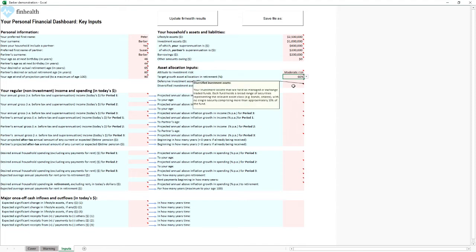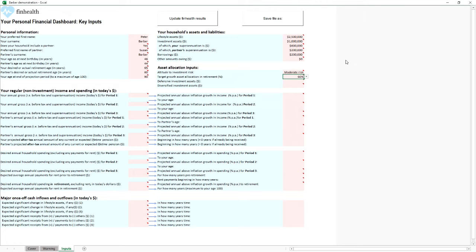This target growth asset allocation ratio drives the after-tax, after-inflation investment return used in the modelling. It varies from 0.5% per annum for a 0% target growth asset allocation to 5.5% for a 100% target growth asset allocation.